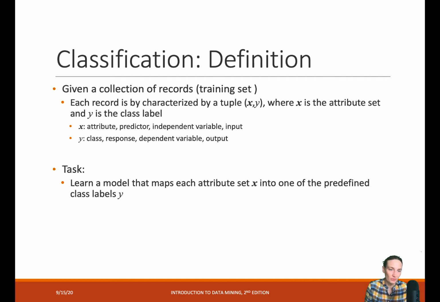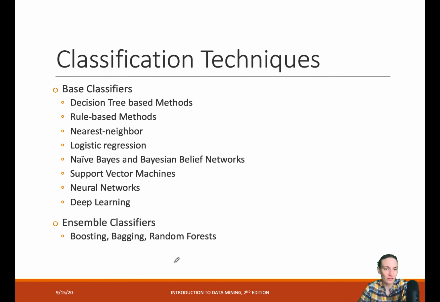We're trying to learn a model that maps each input attribute x into one of the predefined class labels y, and I would say with the greatest accuracy, recall, precision. Okay.